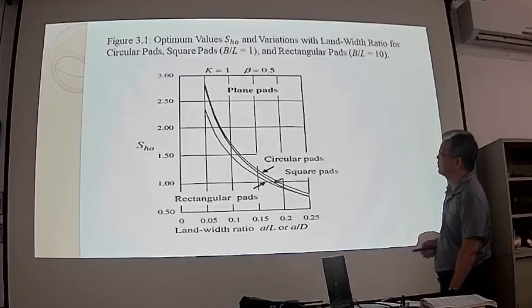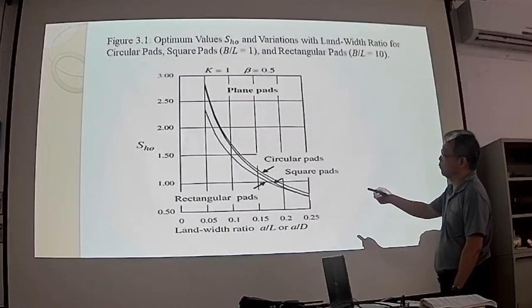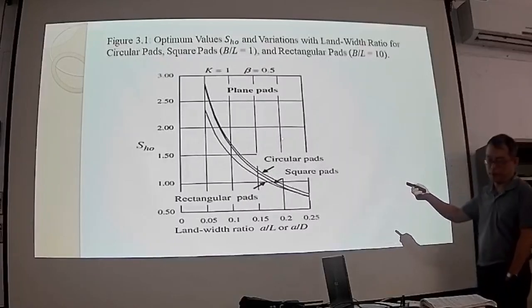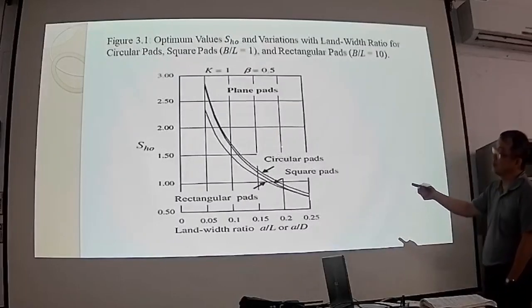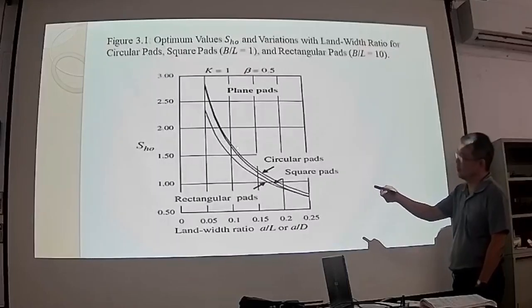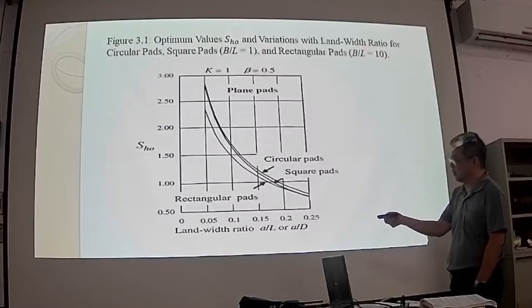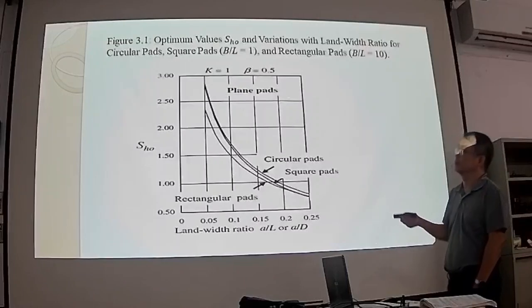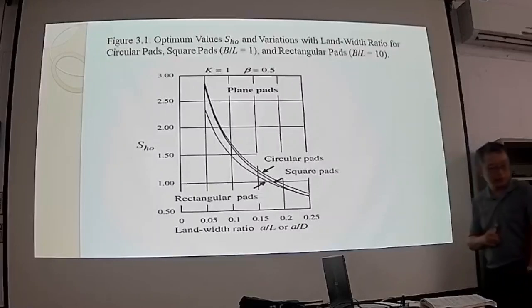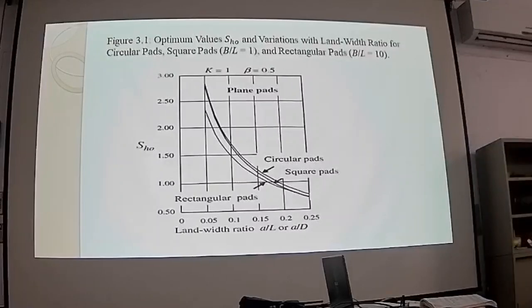Just pick the bearing pattern, what type of the bearing pattern you are going to design, and you select the speed parameter, and then you decide the land width ratio. Then that's all. You can have all your design parameters from the chart.